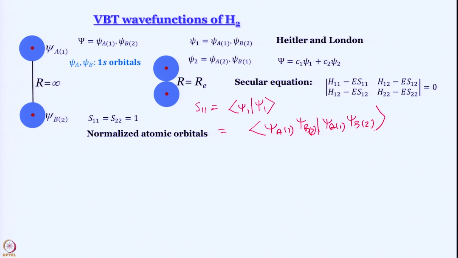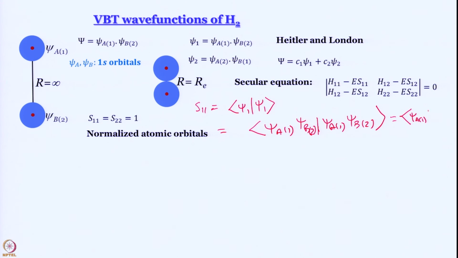Now I hope with all our previous discussions of atoms, it is not very difficult for us to see that this is really a double integral, one in coordinates of electron number 1, one in terms of coordinates of electron number 2, and I can write it conveniently as a product of two single integrals, one in terms of 1, one in terms of 2.